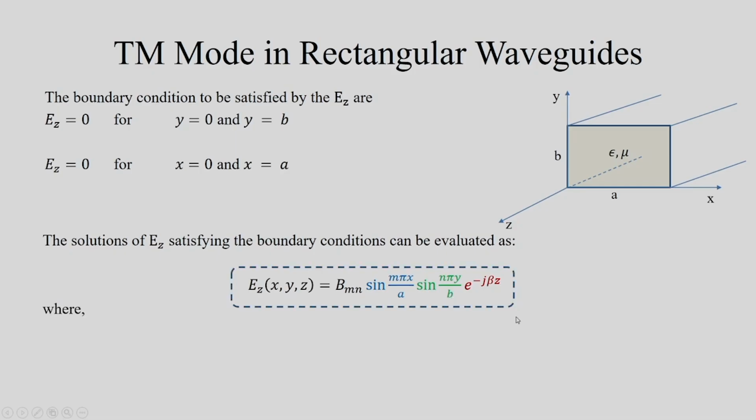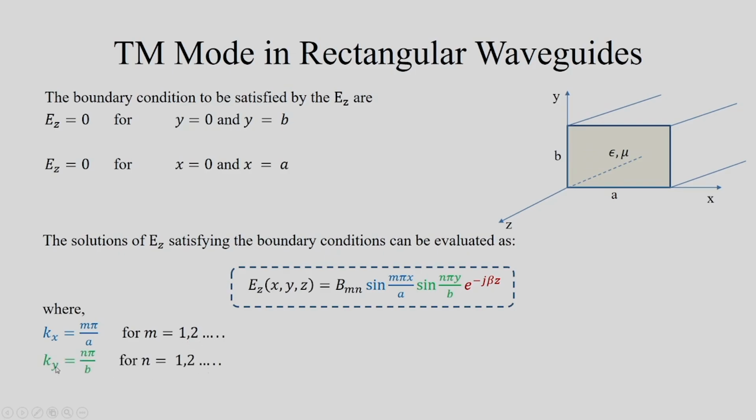Please note that here k_x evaluates to be m pi by a, but we can take the values of m as 1, 2, 3, etcetera, not 0.